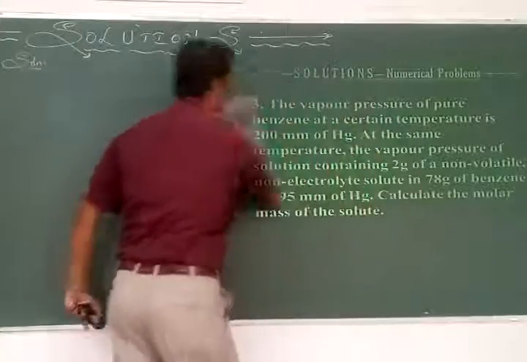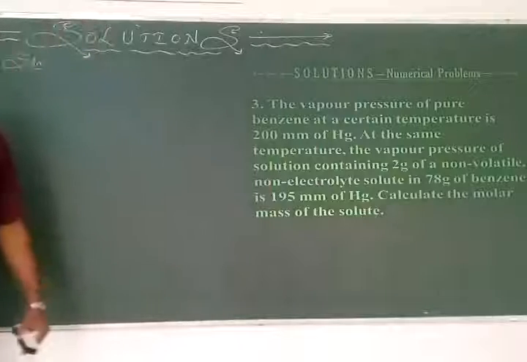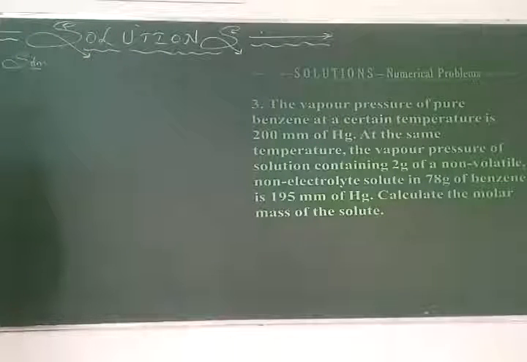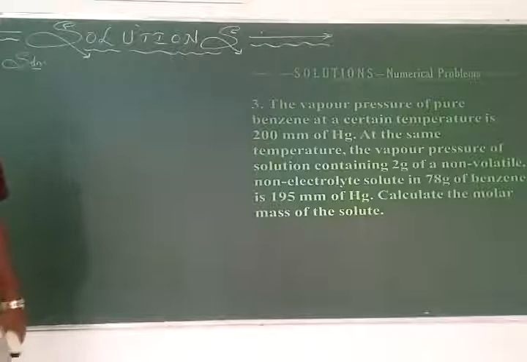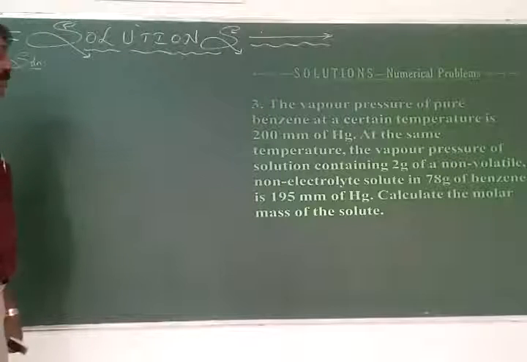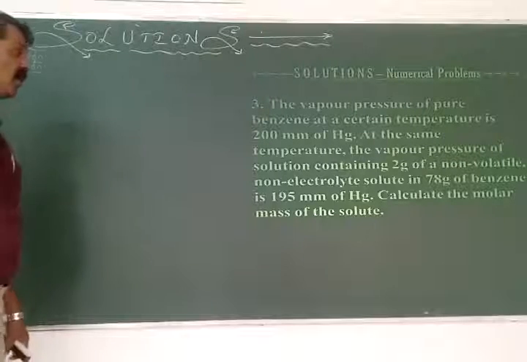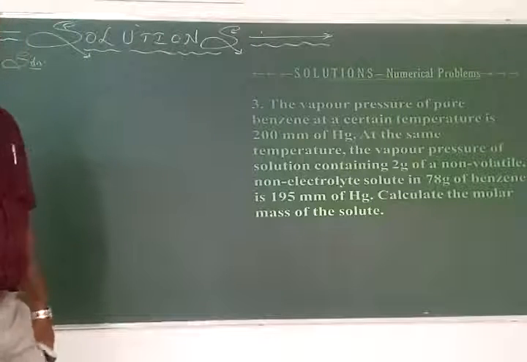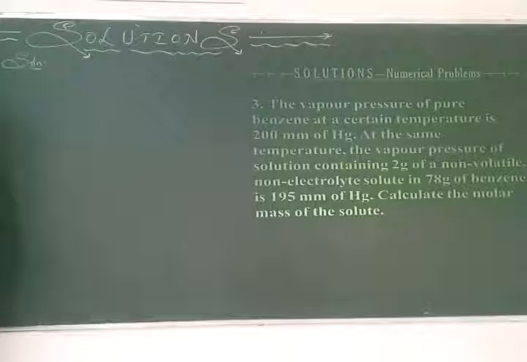At the same temperature, the vapor pressure of the solution containing 2 grams of a non-volatile non-electrolyte solute in 78 grams of benzene is 195 millimeter of mercury. Calculate the molecular mass of the solute here.